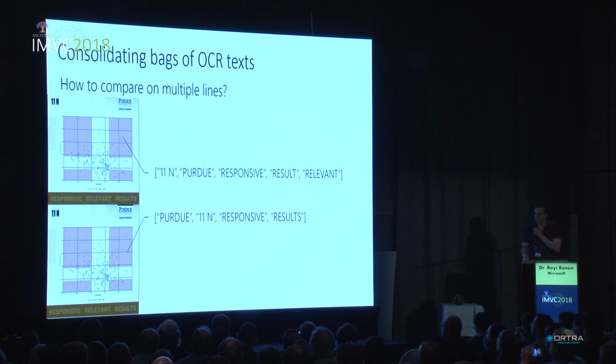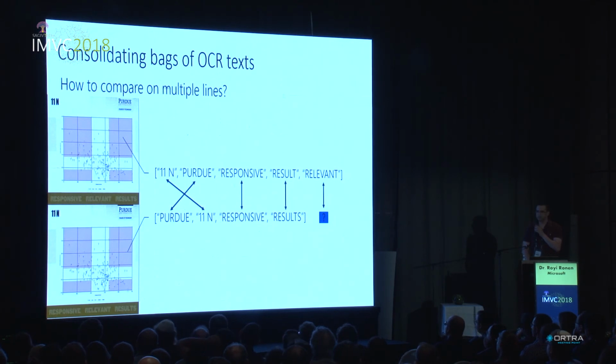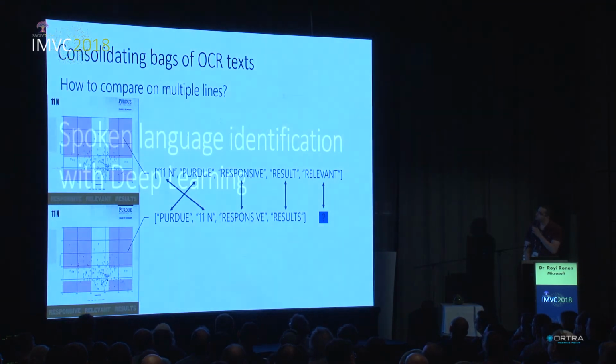Here we have the output of OCR on two consecutive frames, after the clustering, and we need to do this assignment automatically. After this has been done, if it passes a certain threshold, we consolidate both frames, and then we have much less fragmented noise, and we're actually mimicking what we as humans do when we see a video. We actually do a lot of consolidation. It's a theme that we see all the time in video indexing.